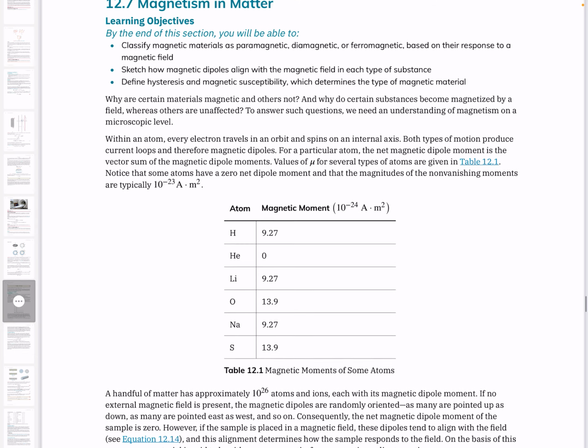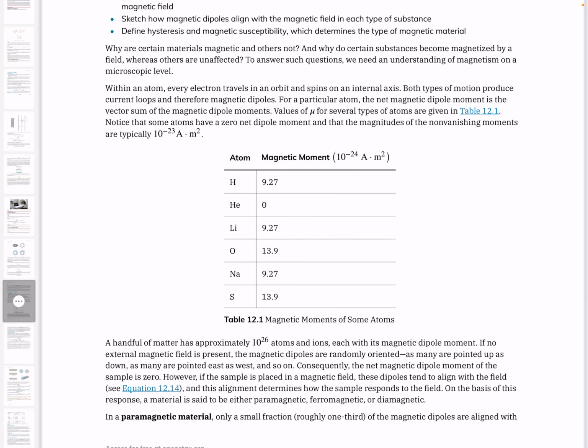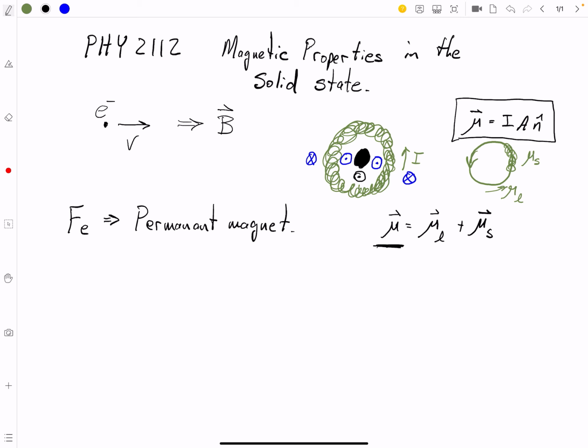Hydrogen, we've got 9.27. Helium, oh, look at helium, 0. Lithium, oxygen, there are some other famous ones that have 0. Bismuth, for example, is a notorious 0.